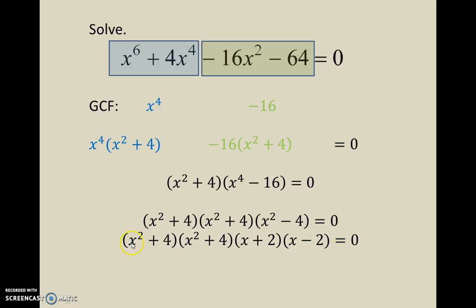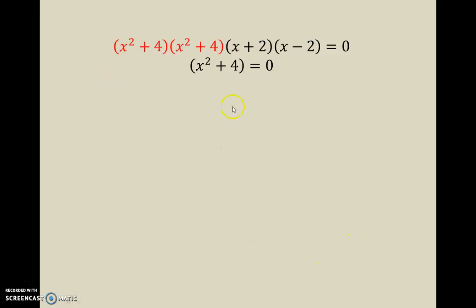So now that I have it completely factored, I'm ready to solve. I'm going to take those factors and set them equal to 0. You'll notice that I have the first two factors highlighted in red, and that's because they are the exact same thing. I only need to set this factor equal to 0 once if it's the exact same factor.